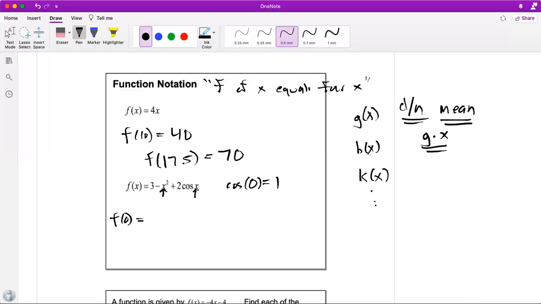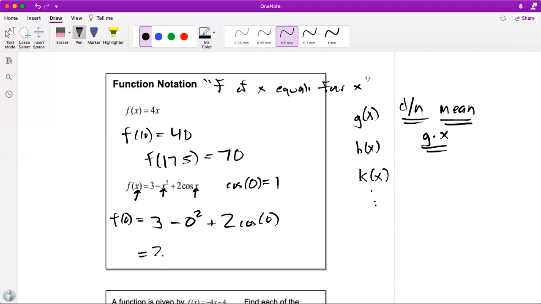So there's an x and there's an x. So unsurprisingly, they correspond to this one. So whatever's in here goes wherever that is. Just like up here, whatever was in there, we multiplied by 4. Here we're going to do 3 minus, there's an x there, so I put a 0. And then plus 2 cosine of 0. And it doesn't matter if you know or don't know what cosine of 0 is. I told you it's 1, but it's just an example of a function.